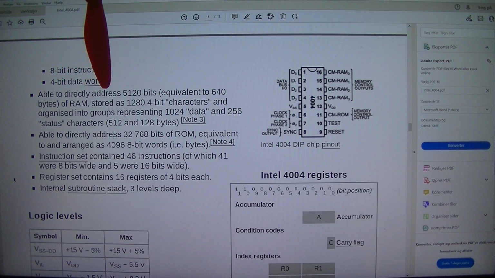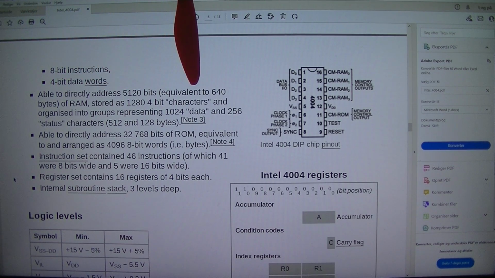Able to directly address 5120 bits, equivalent to 640 bytes, of RAM, stored as 1280 4-bit characters and organized into groups representing 1024 data and 256 status characters, 512 and 128 bytes.